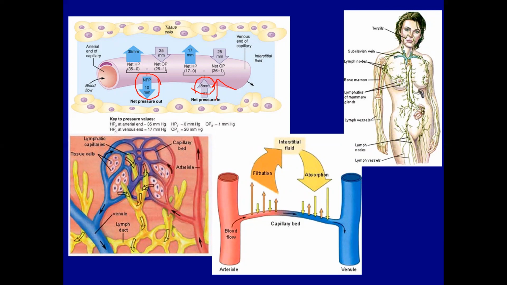This is also a good image of how with every vessel you also have lymph vessels that are associated with it. So this yellow indicates lymph vessels, and it's picking up additional fluid.